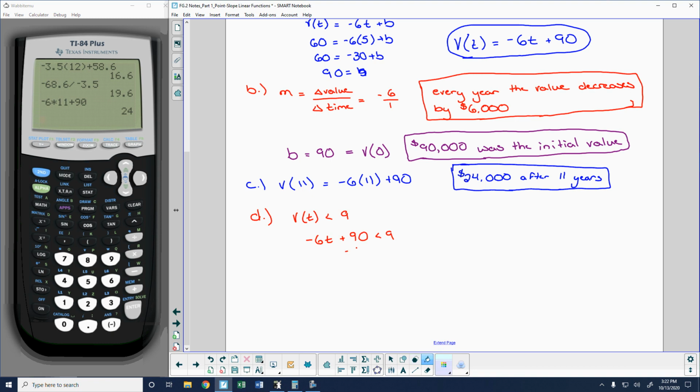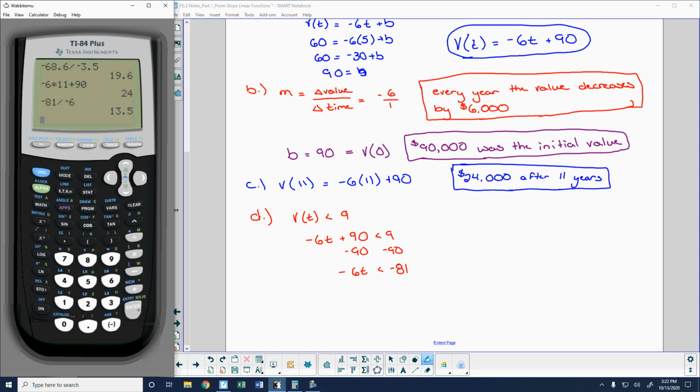I would need to subtract 90 from both sides. So negative 6t is less than negative 81. Then I need to divide. So negative 81 divided by negative 6. Remember, with an inequality, I need to switch the inequality sign because I divided by a negative.